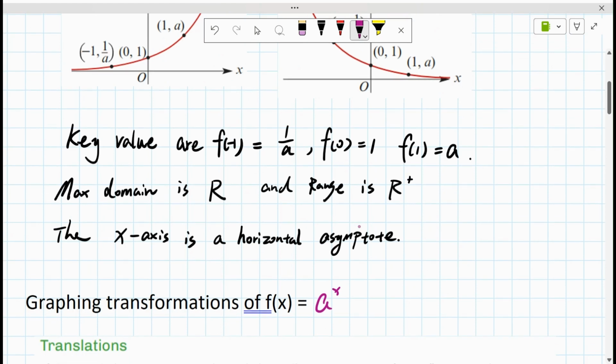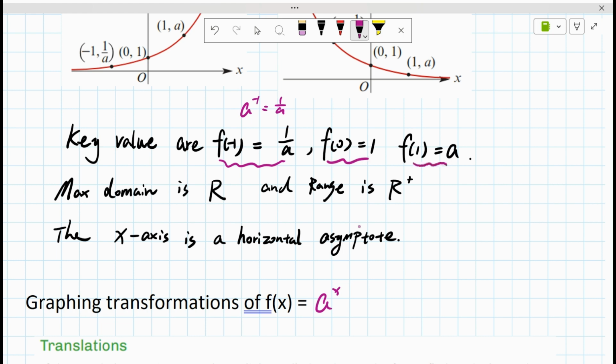So key values: if x equals -1, that becomes 1 over a. That's the index law, a to the power of -1 equals 1 over a. And if x equals 0, that equals 1, which is fantastic.